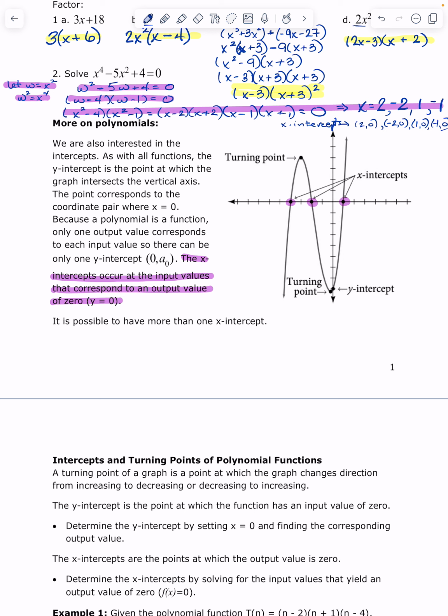The y-intercept is always fairly easy to find. The y-intercept is the point where x equals 0.